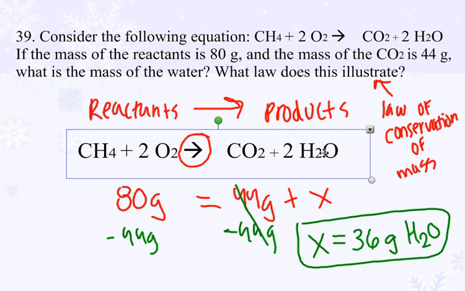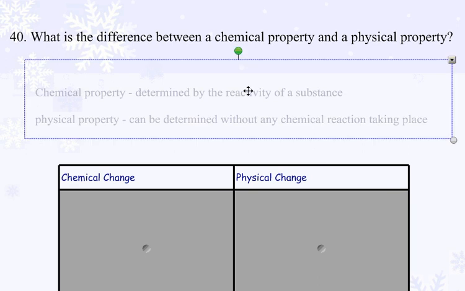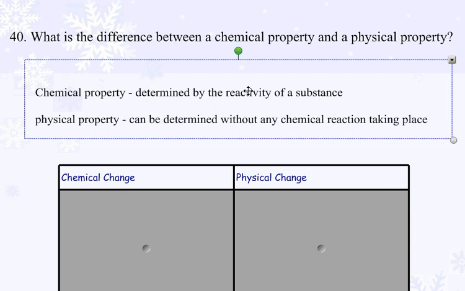Okay. Moving on to the next one, 40. It says, what is the difference between a chemical property and a physical property? If you look on the answer sheet, it says a chemical property is determined by the reactivity of a substance, and a physical property is determined without a chemical reaction taking place. In addition to knowing what a chemical property and a physical property is, you need to know when a chemical change or a physical change occurs.